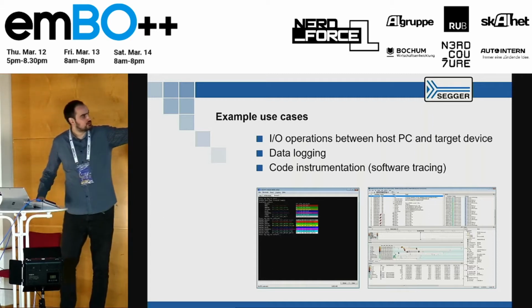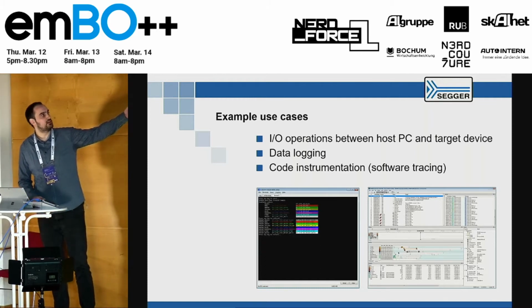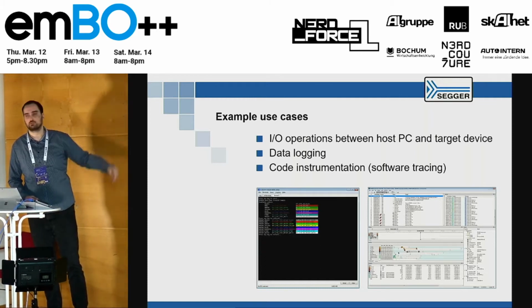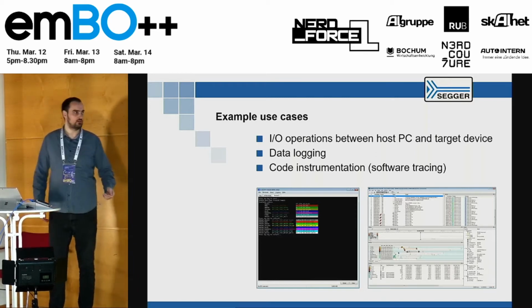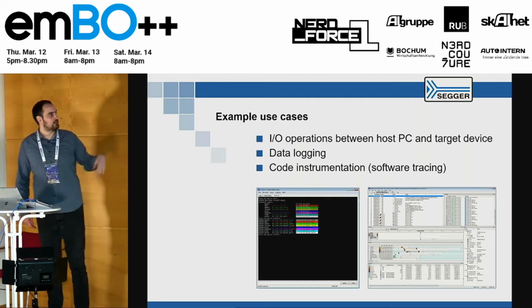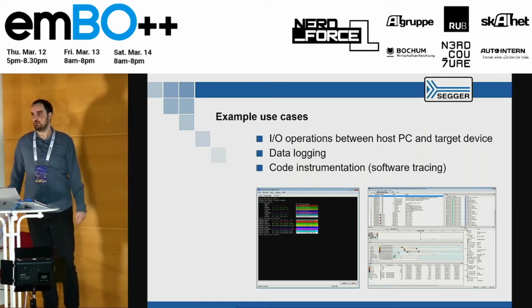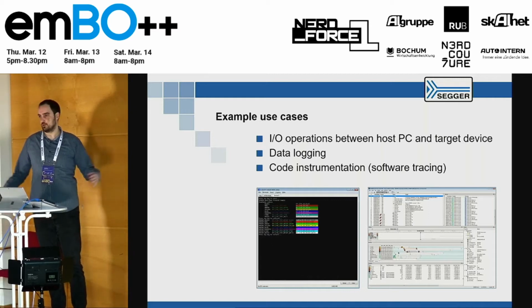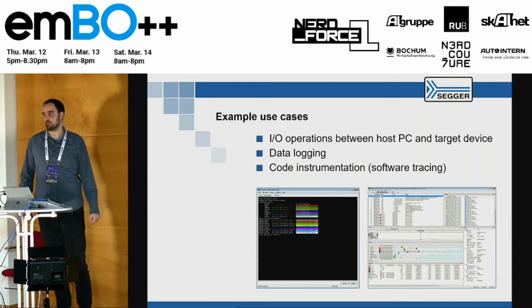Here on the left, you'll see free software from us. It's the J-Link RTT Viewer, which you simply get with our software package, which is simply our terminal application on your host. And you can also see that we support colored printf, so you can also do things like warning messages during your runtime without impacting your system greatly.